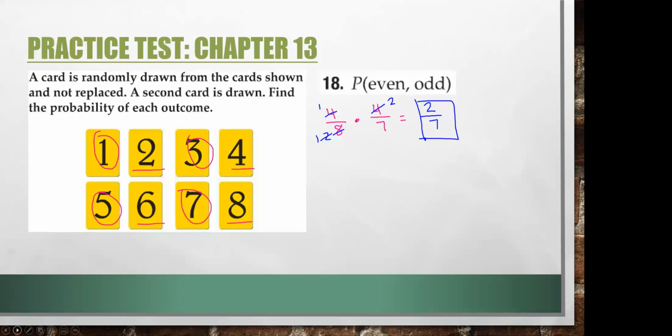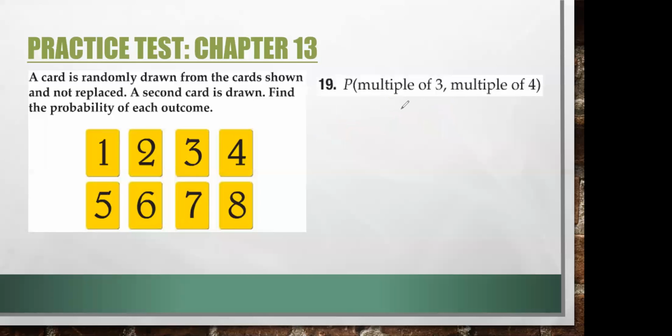All right. And then here it says a multiple of 3 and then a multiple of 4. So multiple of 3, there's 1, 2 multiples of 3. Okay, so there's 2 out of 8. Now I'm going to multiply that by the multiples of 4, and there's 1, 2 of them, but now there's only 7 cards.